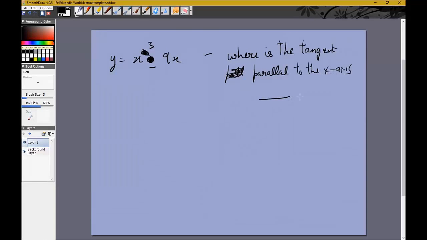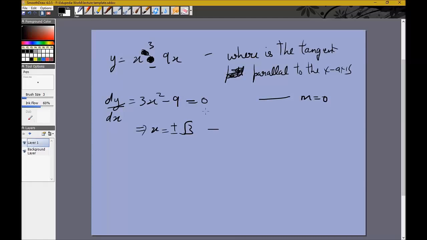So a line parallel to the x-axis will have the slope 0. We already discussed that. So dy by dx will be 3x squared minus 9. That needs to be 0. That means at x is equal to plus minus root 3, this tangent will be parallel to the x-axis.